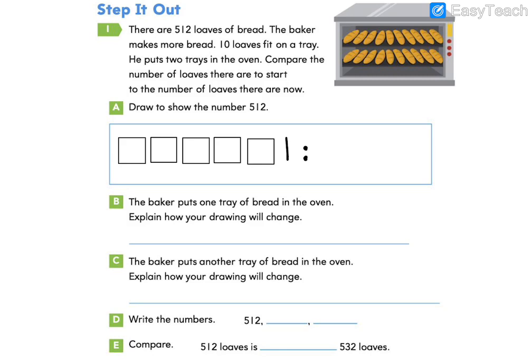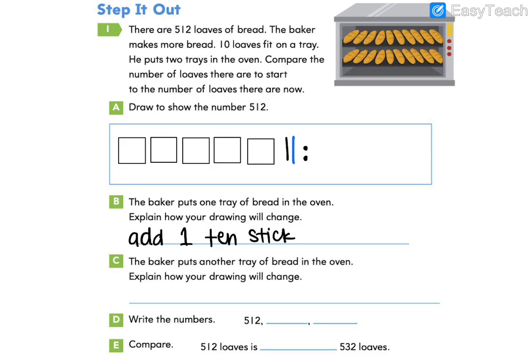We would add 1 ten stick. Right? We would add 1 more. That's how our drawing would change to show that 10 more loaves of bread went in the oven.